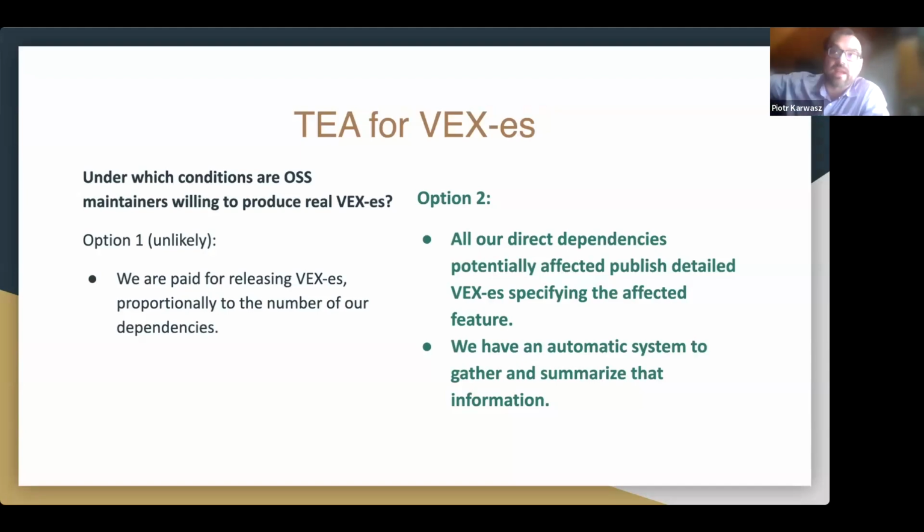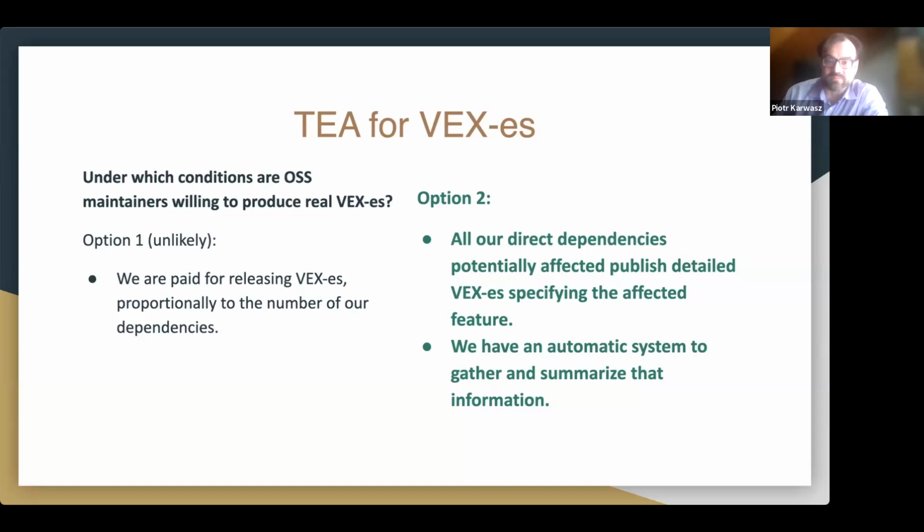They can do the research themselves to see if a CVE is exploitable. But for our open source users, I would very much like to provide real information. We can produce fake VEXes in a library saying, we are exploitable, just upgrade.